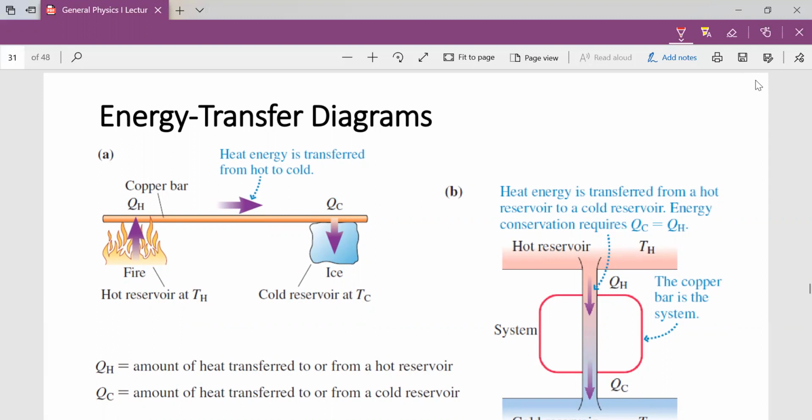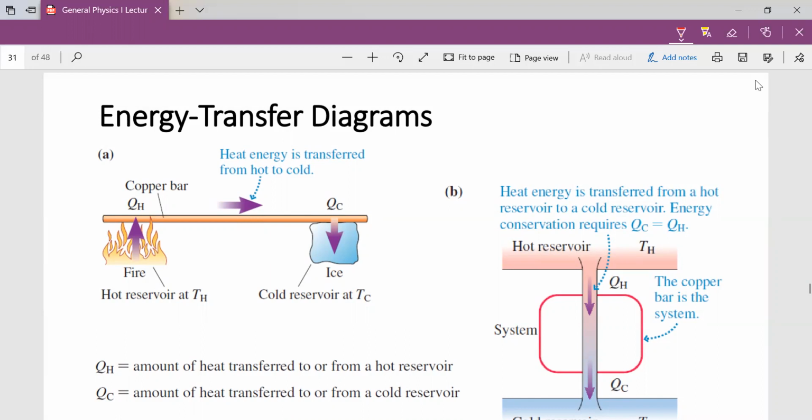We have seen that thermodynamics is going to be concerned with the energy exchange, and also it's going to be concerned with the kind of transformation that goes on with the system and its environment. So to better understand that, we have to look at also the energy transfer system.